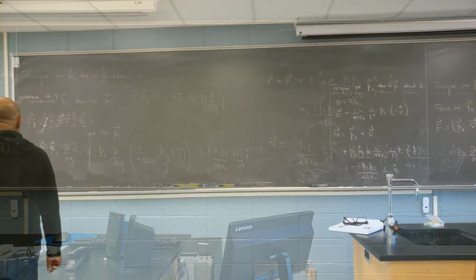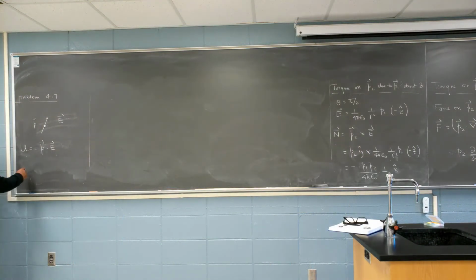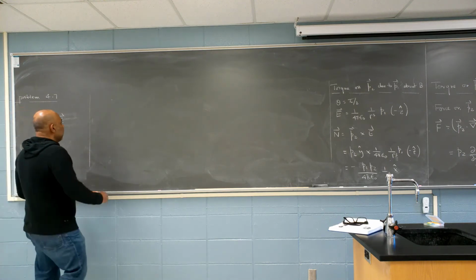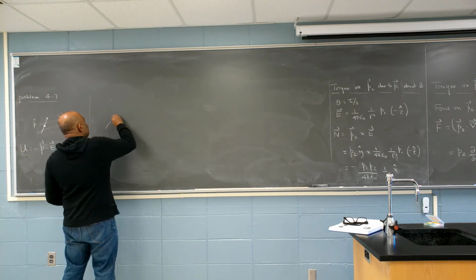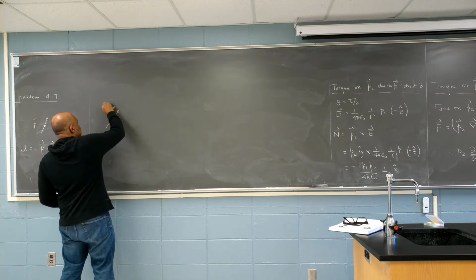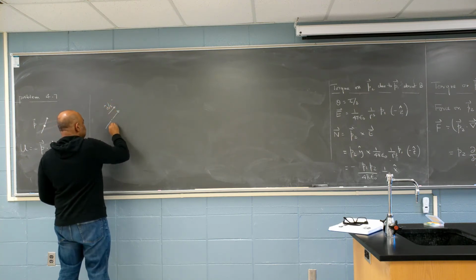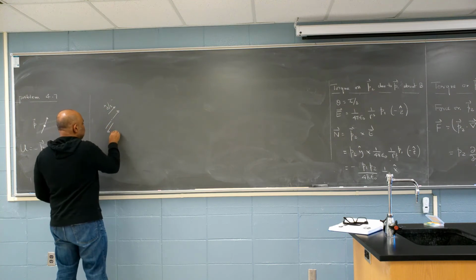So problem 4.7, the goal is to show the interaction potential energy of a dipole with an electric field. Okay. So I'm just going to set up a little bit of notation. This is, of course, the vector d over 2, and this is the vector minus d over 2.